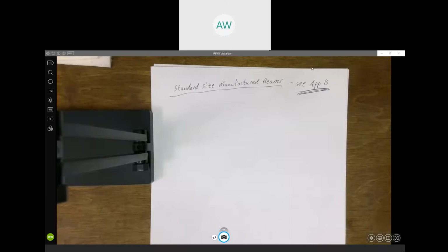So you have some knowledge and you've seen this before, but especially the civil engineers, if you haven't encountered the AISC manual yet, there's a much more extensive list of standard size beams in there.